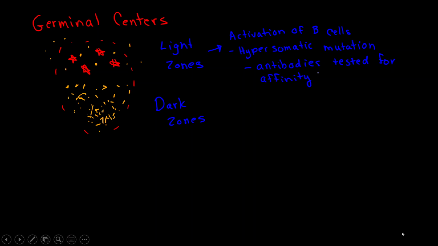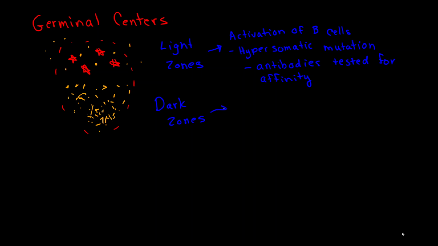Once they've been tested for affinity, they're going to be selected for if they have higher affinity and not selected for if they have lower affinity. If they have lower affinity, what happens to the B cells? They die via apoptosis. If they have higher affinity, then they're selected for and they proliferate more.